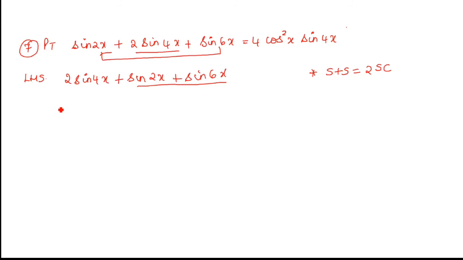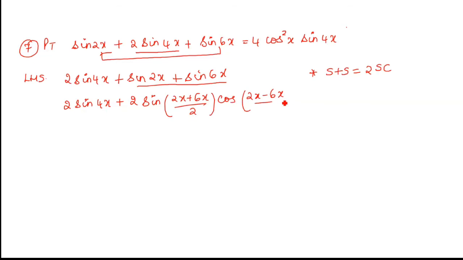So therefore 2 sin 4x, keep it as it is, plus S plus S is 2, right? 2 sin. First what I have to do? Add 2x plus 6x divided by 2 into C stands for cos, 2x minus 6x whole divided by 2.